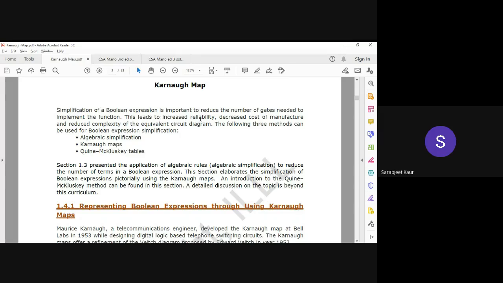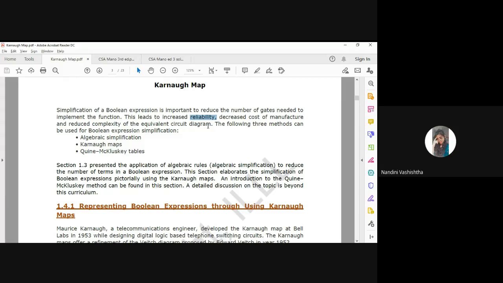The simpler a circuit design is, the easier it is to maintain, and easier to diagnose faults once they occur. A very complex circuit with so many wires is very difficult to maintain. It also decreases the cost of manufacture, because fewer gates are used, and reduces the complexity of the equivalent circuit diagram. Is this clear to everybody?